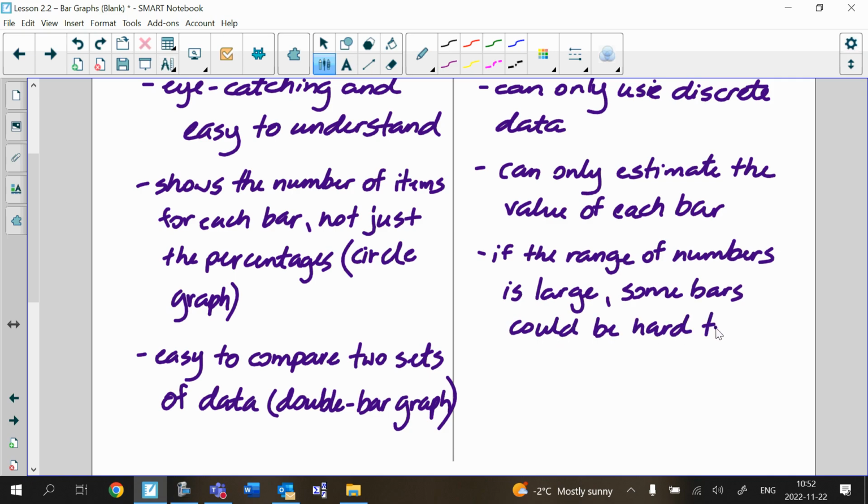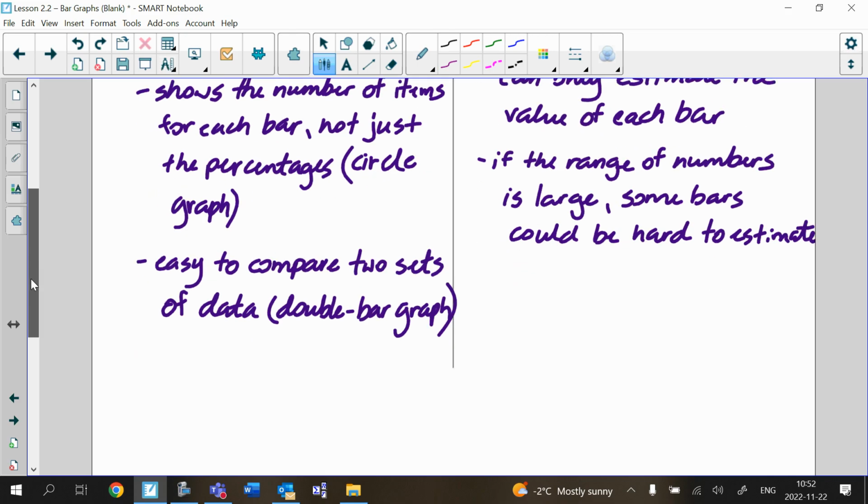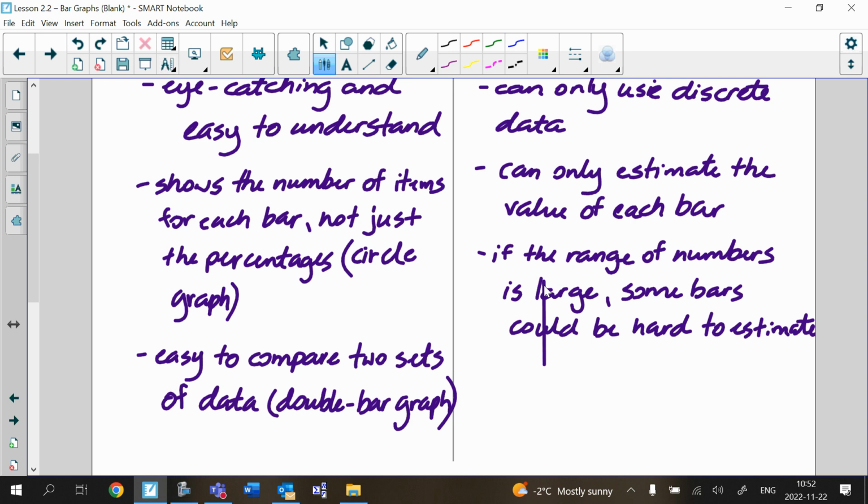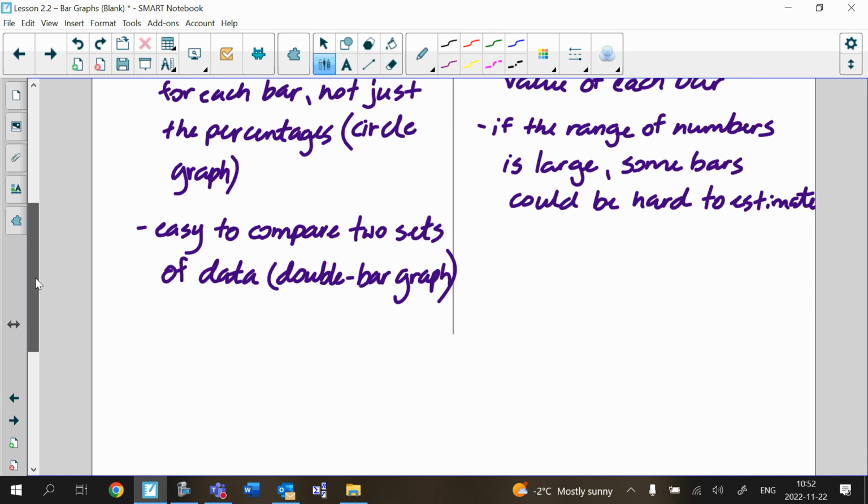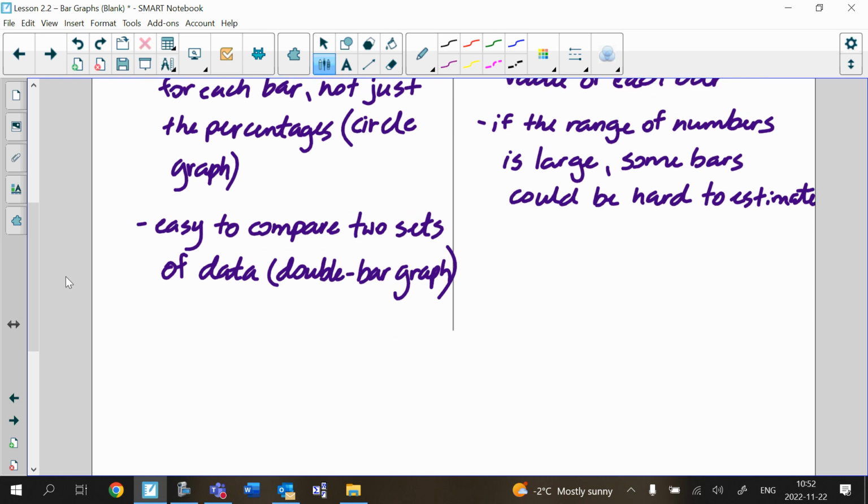So depending on your data, you could have something like this, where it's say 1, 2, 3, 4, 5, 6.